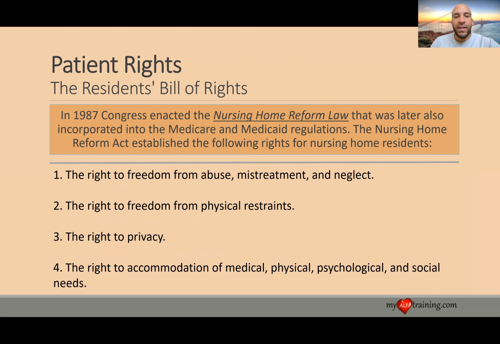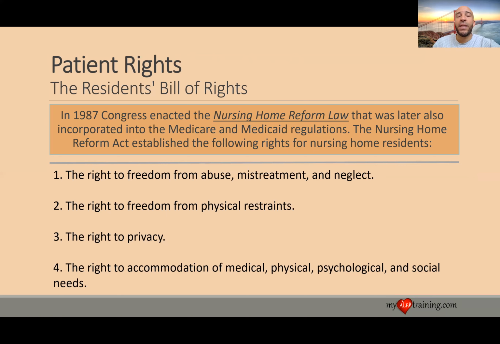In 1987, Congress enacted the Nursing Home Reform Law, which was then later incorporated into the Medicare and Medicaid regulations as rights that nursing homes and resident facilities have to abide by to make sure that elderly residents are being protected and are given the same rights as you and I, and other people living out in society.